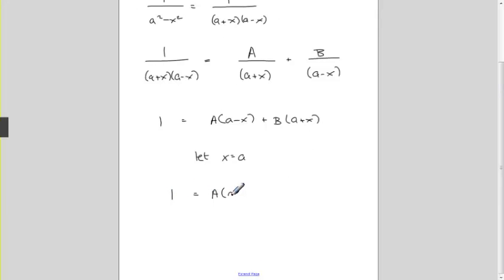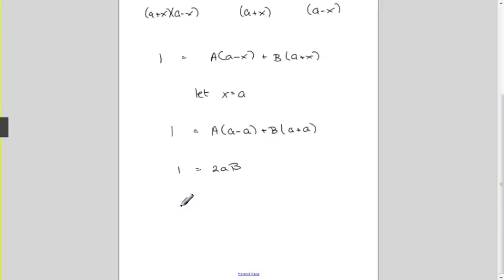We have A times a minus a plus B times a plus a. Okay, so that goes to 0, no matter what a value is. So we'll have 1 is equal to 2a times B, and therefore B is equal to 1 over 2a.